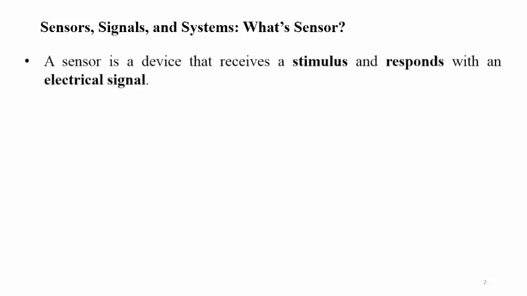So what is the sensor? As we know, the basic definition of the sensor is to sense the physical parameter of any system and convert it to an electrical signal. This is the simple or basic definition of the sensor. So we can say that a sensor is a device that receives the stimulus and responds with an electrical signal.